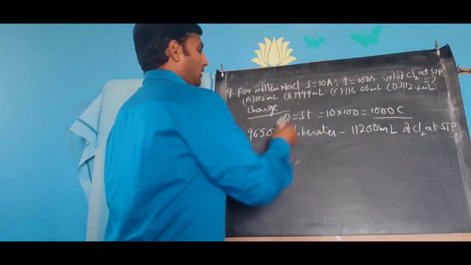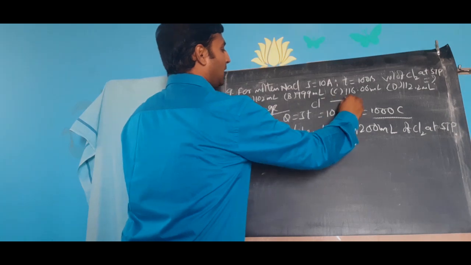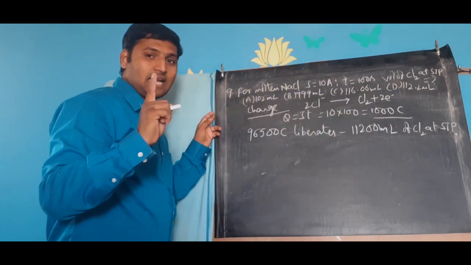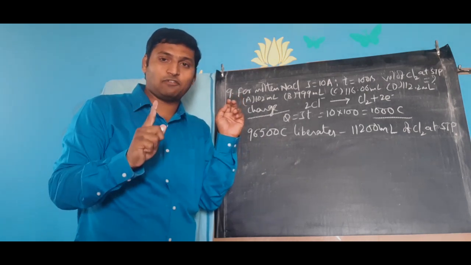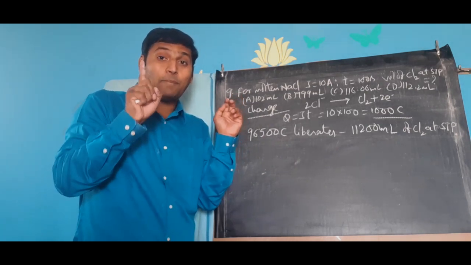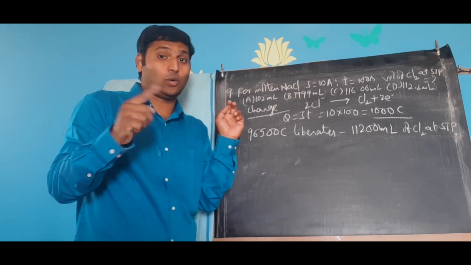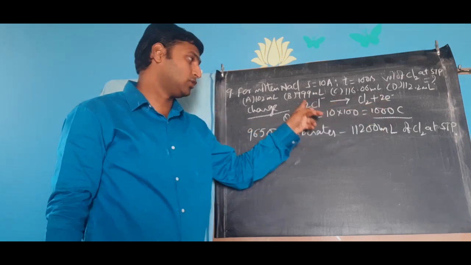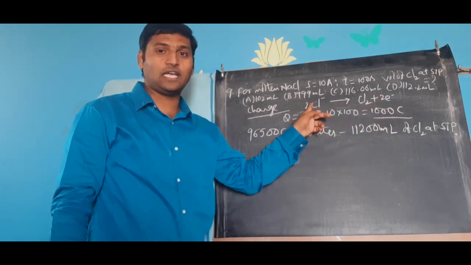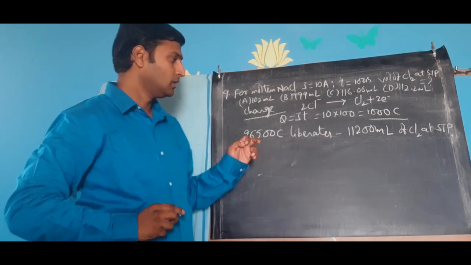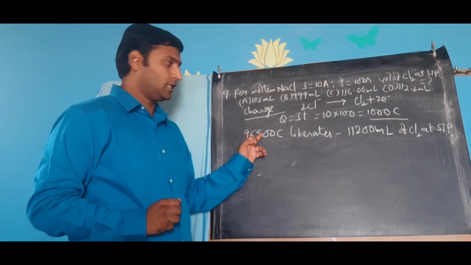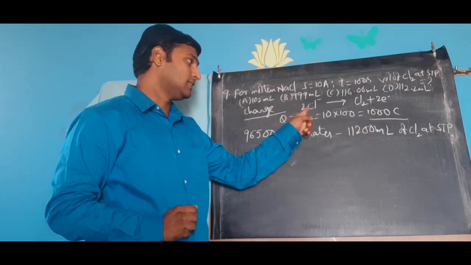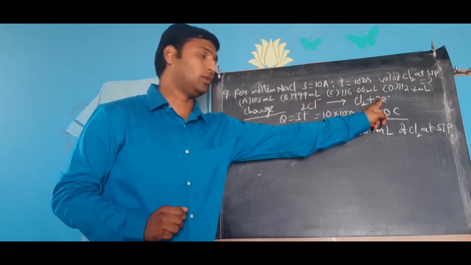See, chloride oxidizes as Cl minus giving rise to Cl2 with 2 electrons. Now please understand, valency is the number of electrons lost or gained per atom of that species, not 2 or 3 atoms together. So two chlorides losing 2 electrons, so each chloride loses only 1 electron. So 96,500 coulombs liberates 11,200 ml because each chloride is losing only 1 electron.